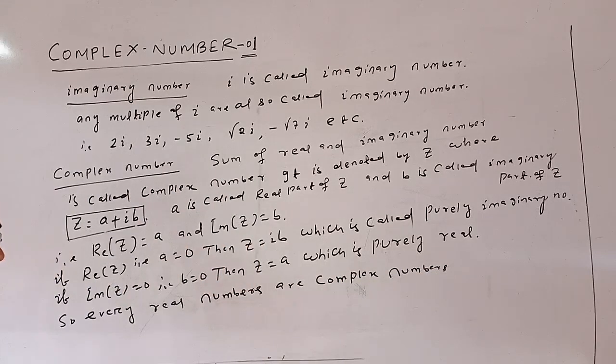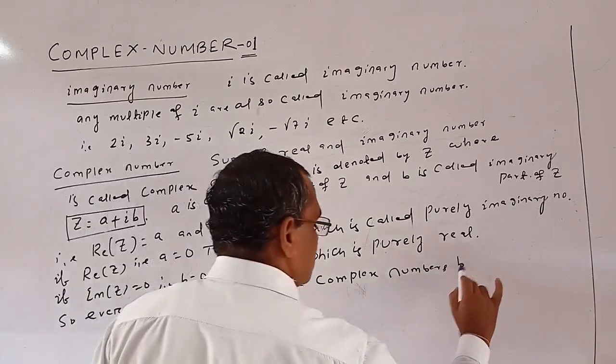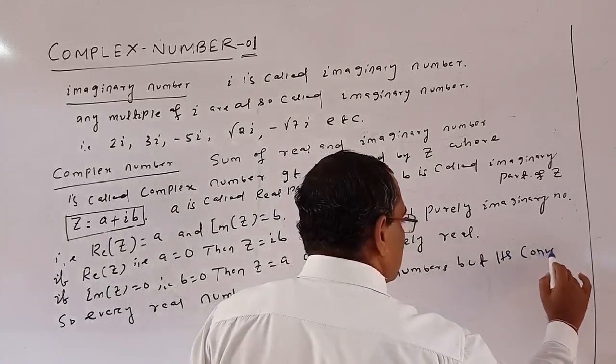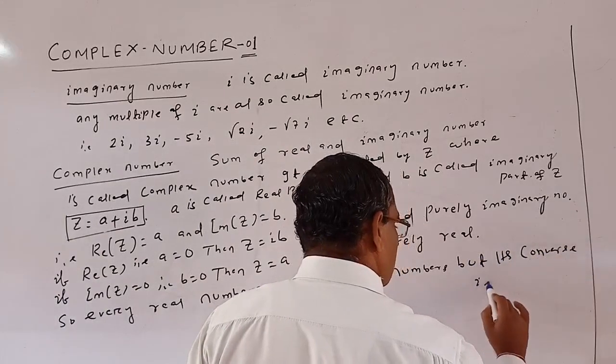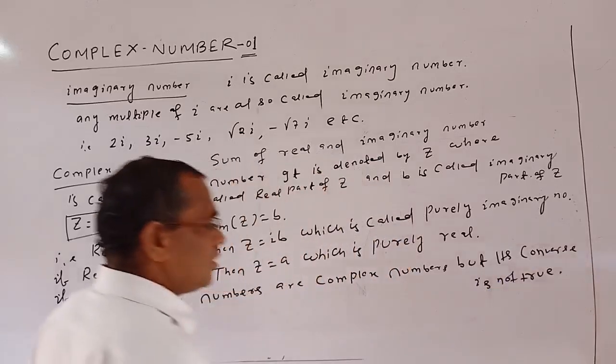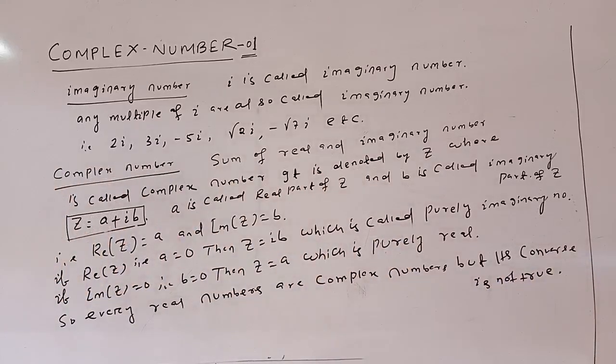Every complex number is not a real number, its converse is not true. Every imaginary number is also a complex number.